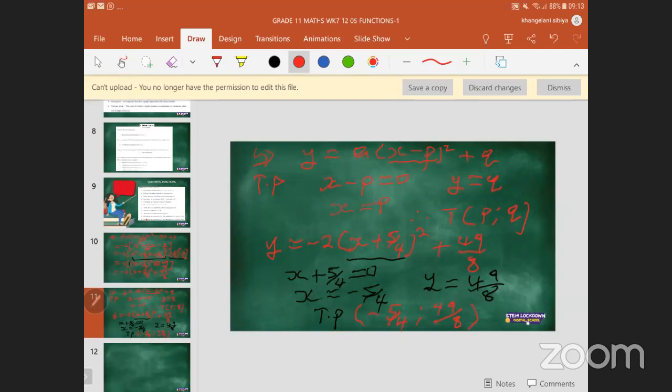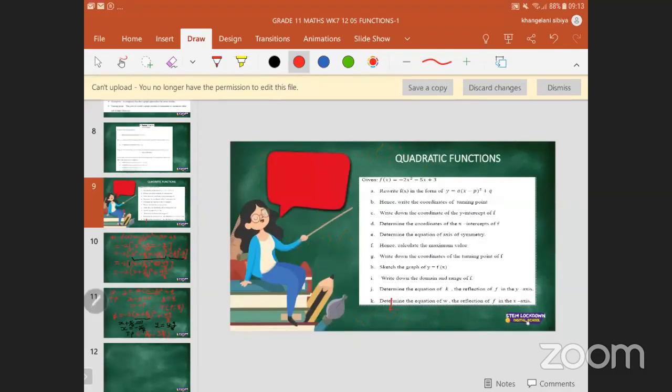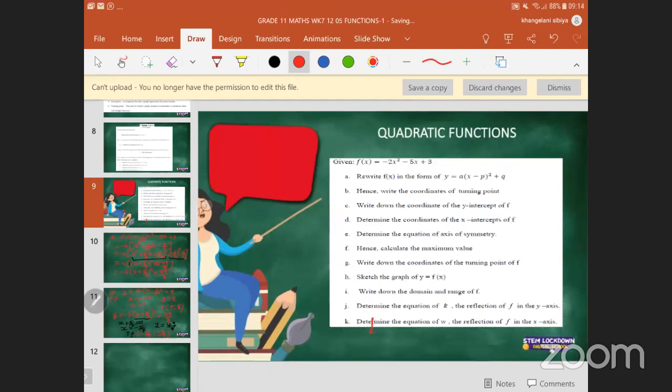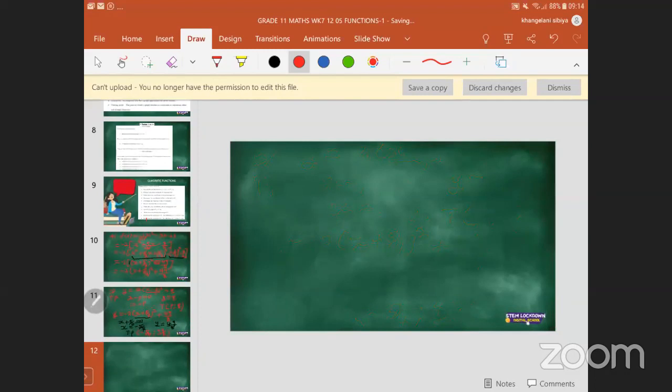Right, let's go to our C now. C says write down the coordinate of the Y-intercept.